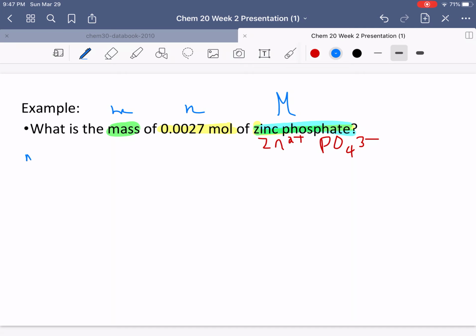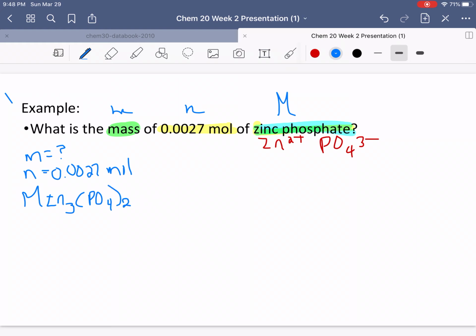Okay, goal of the question, mass. So mass equals question mark. n has been given, 0.0027 moles. Molar mass, write the formula beside it. Drop and swap means that we're going to have zinc, 3 of them, bracket, PO4, and we're going to have 2 of those, right?